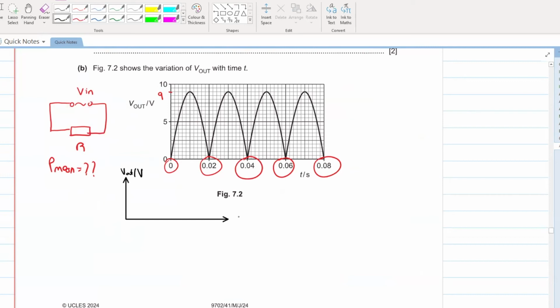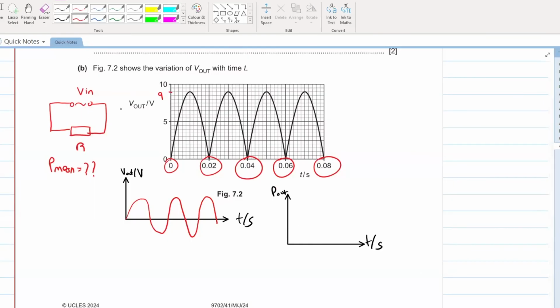Your voltage output will now be a sinusoidal curve like this: negative, positive, negative, positive. But what will your power output versus time graph be? It will remain the same, like this.